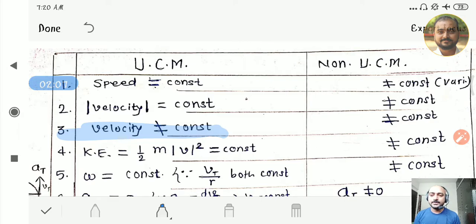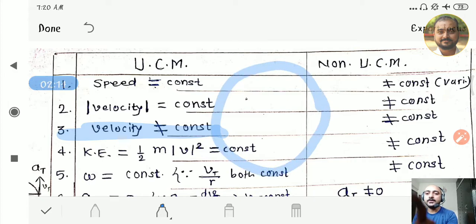Because the definition of uniform circular motion is the motion of the particle along the circumference of a circle with constant linear speed, in which the speed remains constant, the velocity can be varying.